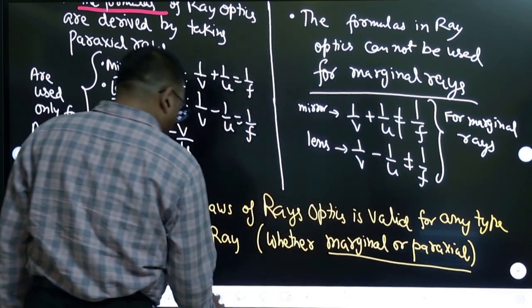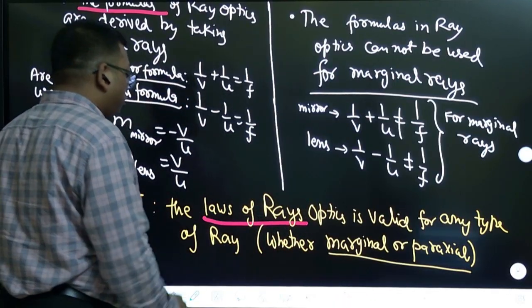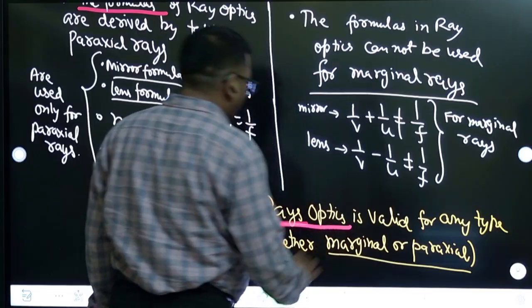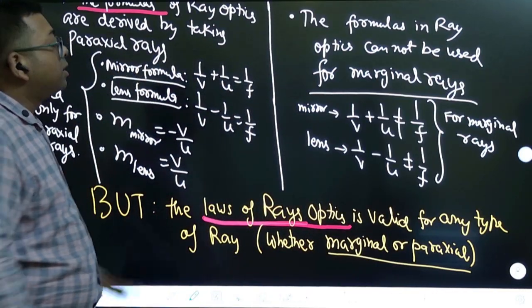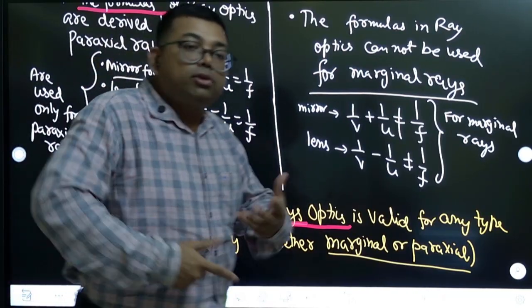The law is law, right? Law is something which is never wrong. So the law of ray optics, like the law of reflection, is valid for everything. So while deriving the formula, you have to use the law.